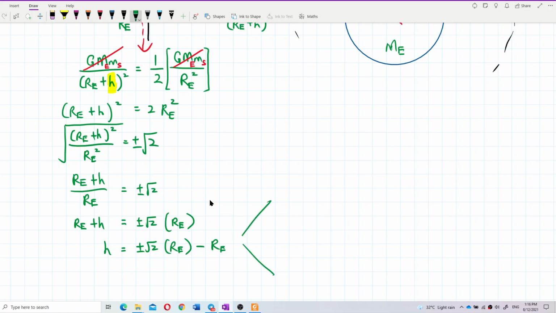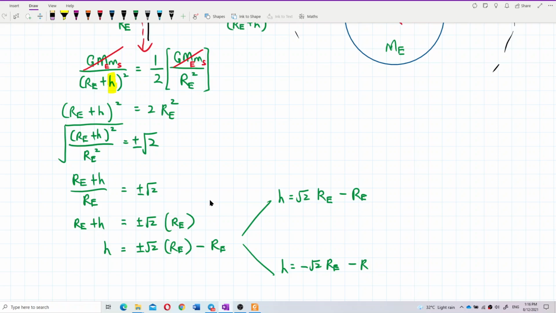One is positive root 2 radius of Earth minus RE. Another one is H negative root 2 radius of Earth minus RE.